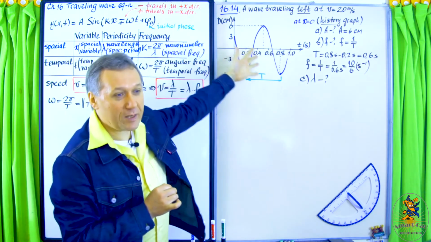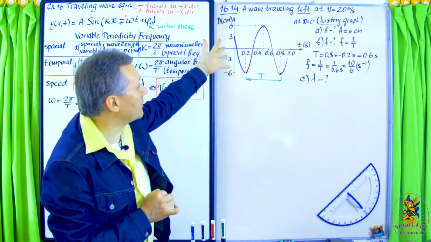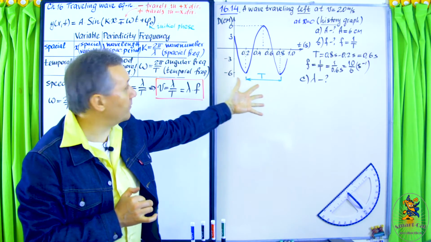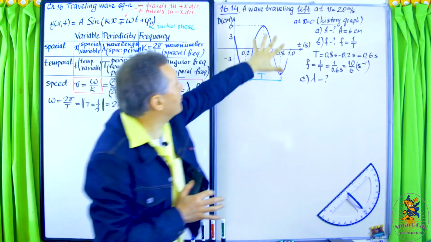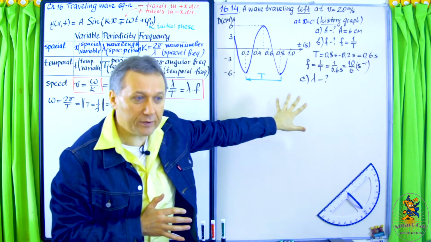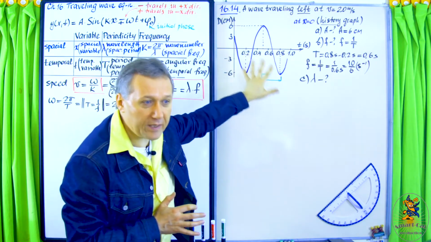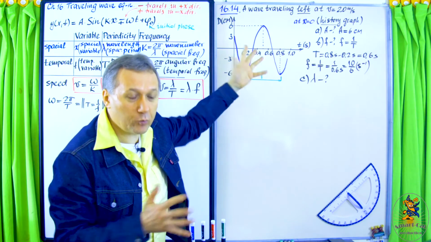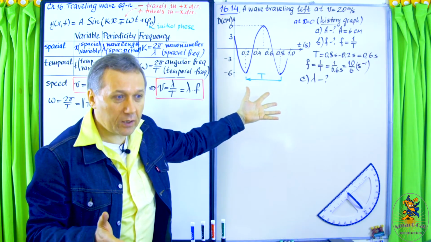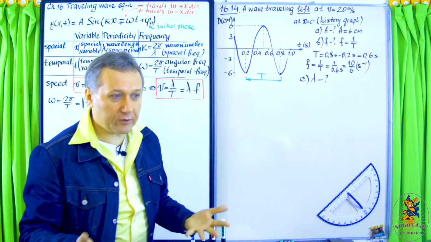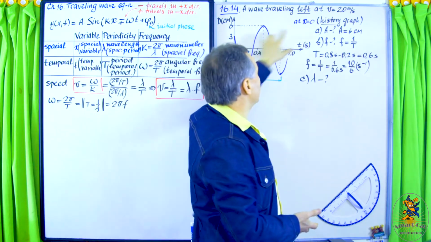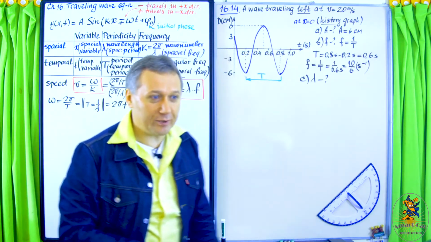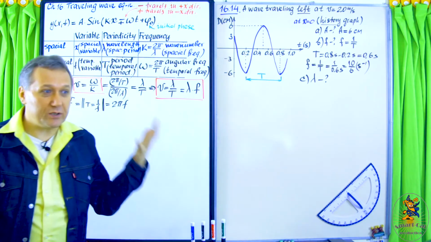And as I already mentioned to you several times, in the problem, the way it is given, spatial information is basically missing. In the graph, we have plenty of temporal information. We know how the wave behaves in time. But what do we know in terms of spatial information? Only that this graph was recorded at x equals 0. Pretty much spatial information is missing completely.